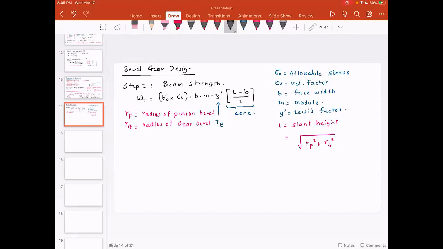And this is also called the bevel factor.